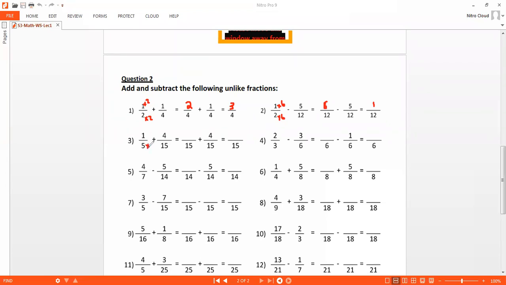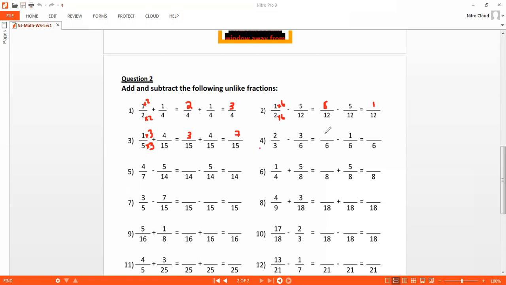Very good. So we multiply the first fraction by 3. What do I get? 3/15 and 4/15, so 7/15. Excellent, Hala. Perfect. Yalla Rasha, number 4.